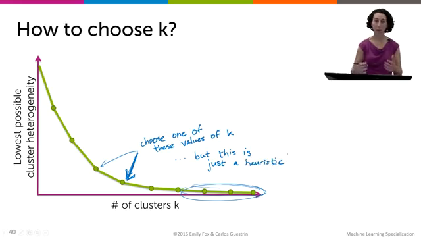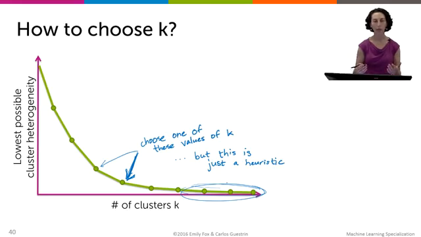So in general, there's really no answer for what's the right value of k, and you're going to explore this in depth in the assignment associated with this module. There's one last thing I wanted to mention here, which is that so far this plot is a plot of the lowest possible heterogeneity. Of course, we're not going to compute all possible clusterings for every value of k to define this curve.